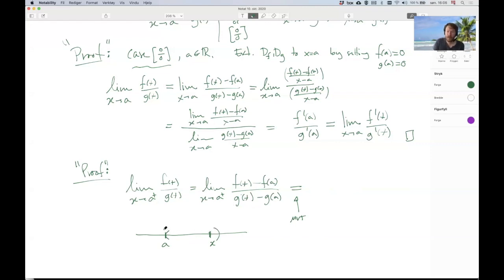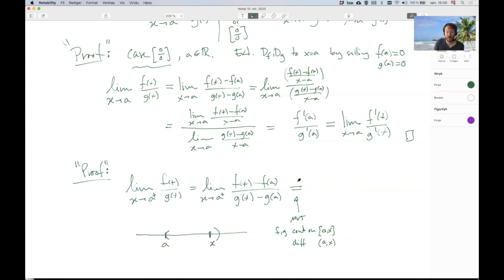And notice I'm also continuous at a, right? Remember, I put f of a and g of a to be 0, and their limits as x approaches a are also 0. So I'm continuous here. So that means that f and g are continuous on, well, at least the interval from a to x, and differentiable on the open interval a to x.